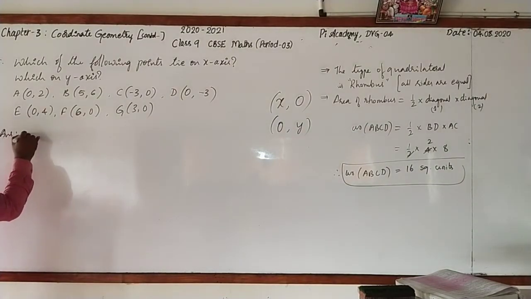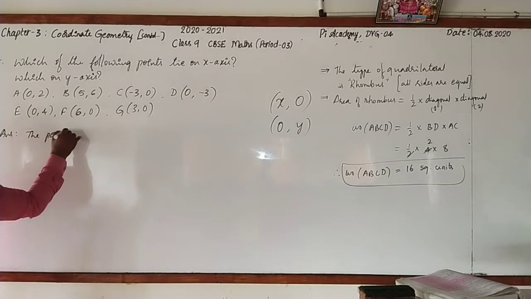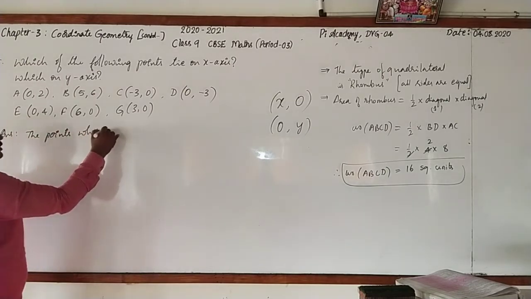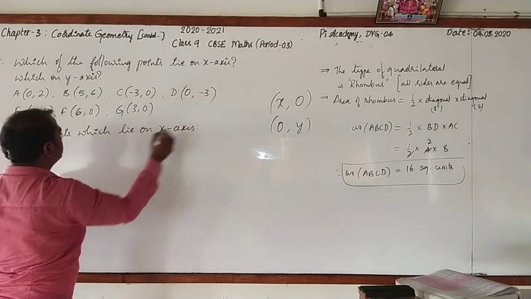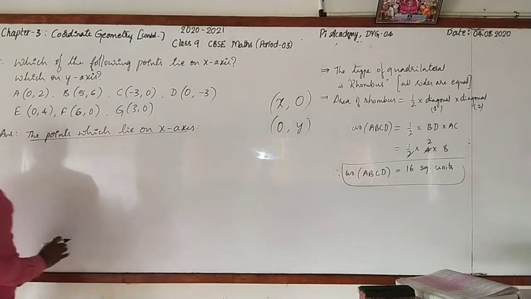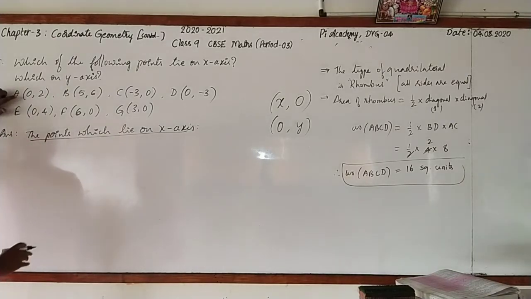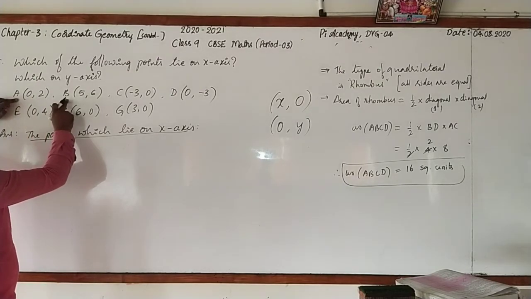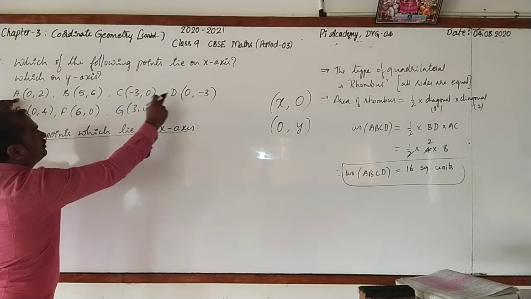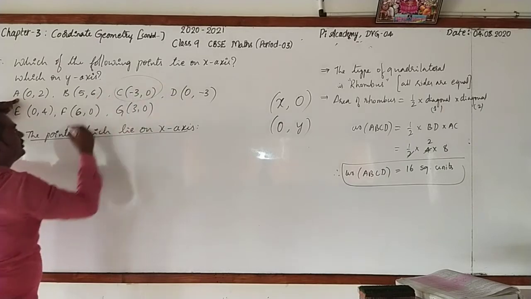Here first, I'll write the points which lie on the x-axis. What are those? See that, x means (x, 0). It should be (x, 0). B will not come. C will not come. So C it comes.